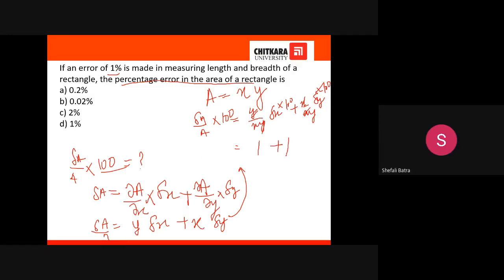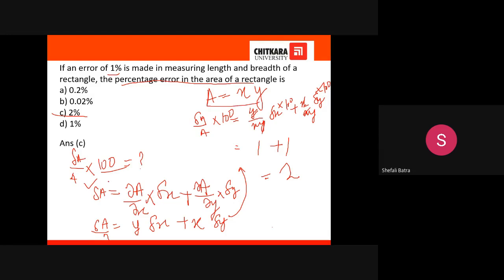So what will be the answer? Answer must be C, 2%. Is it clear? You need to find out the percentage error in area. So first we find the error in area. We know the formula of area: area is equal to length into breadth.